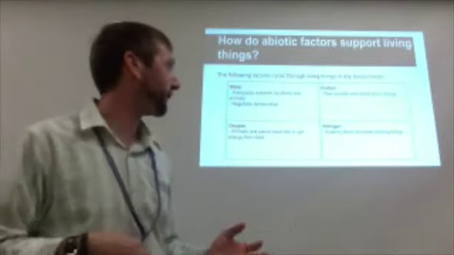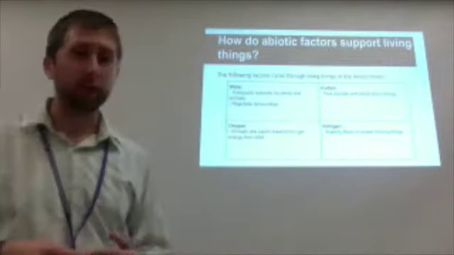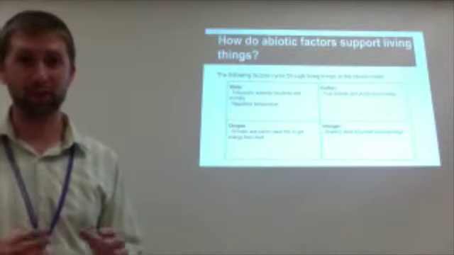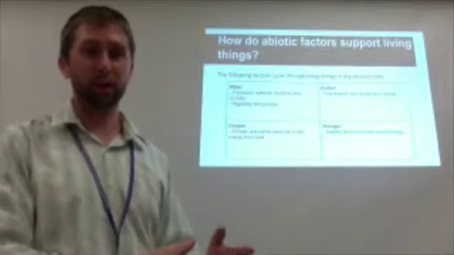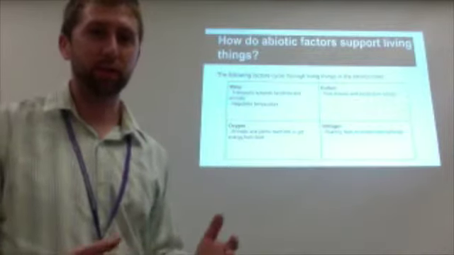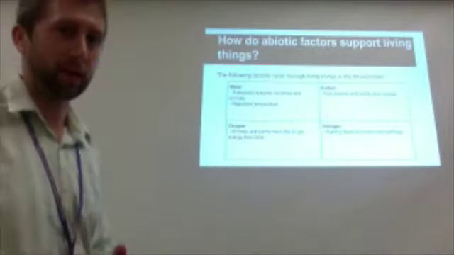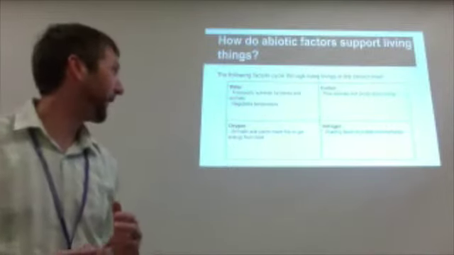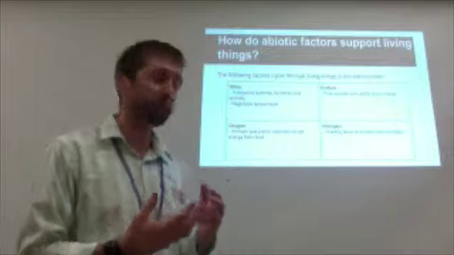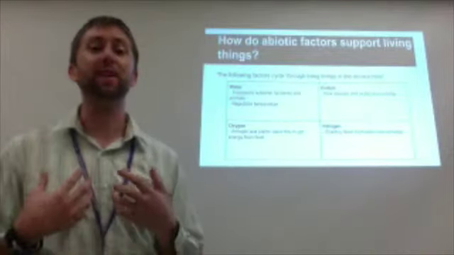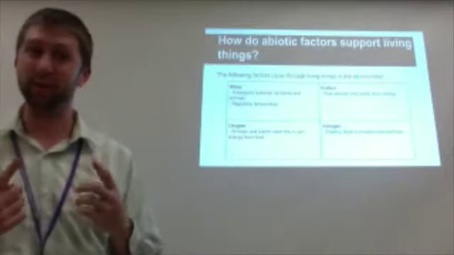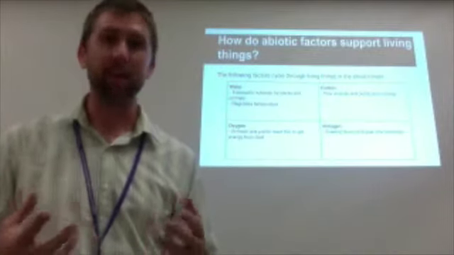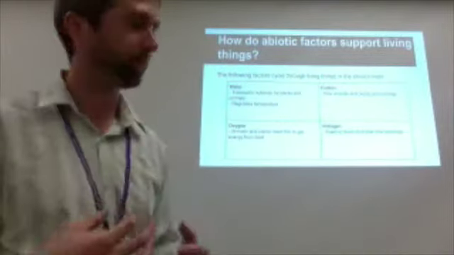We also have carbon. Carbon is how animals and plants store energy. It's not alive, but if we didn't have carbon, we wouldn't have any life, because it's how plants and animals store energy. Oxygen is how animals and plants get their energy from food. Even plants breathe in oxygen and release carbon dioxide to get energy from their food.